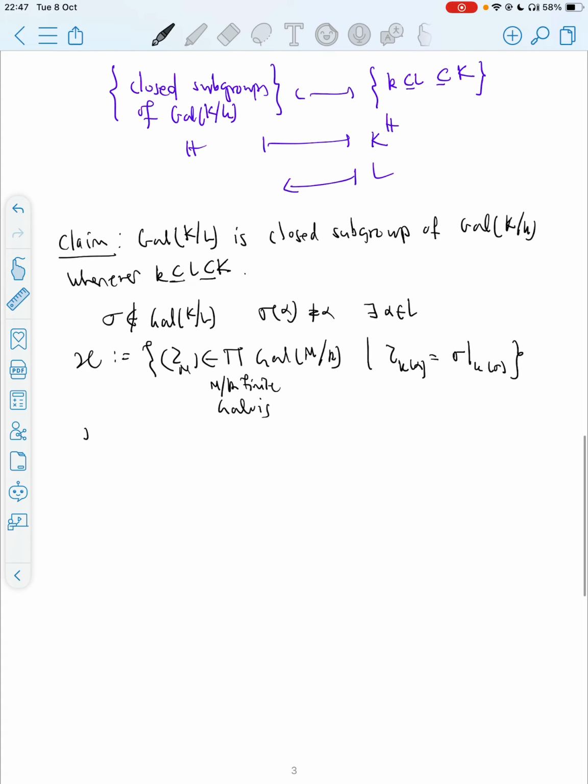Firstly, sigma belongs to this set. Secondly, this set is open.